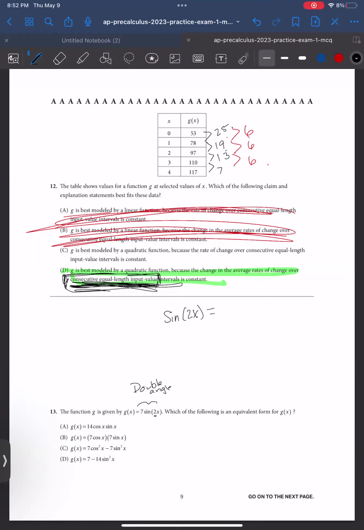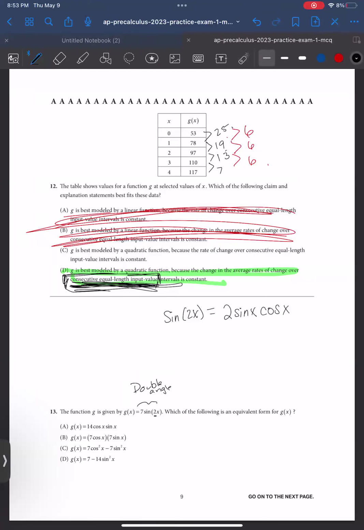The double one is written as sine of x cosine of x plus, oh no, wait, I'm skipping. They give me the whole identity, like all the steps to get to it. I just want the end result, which is 2 sine x cosine x.